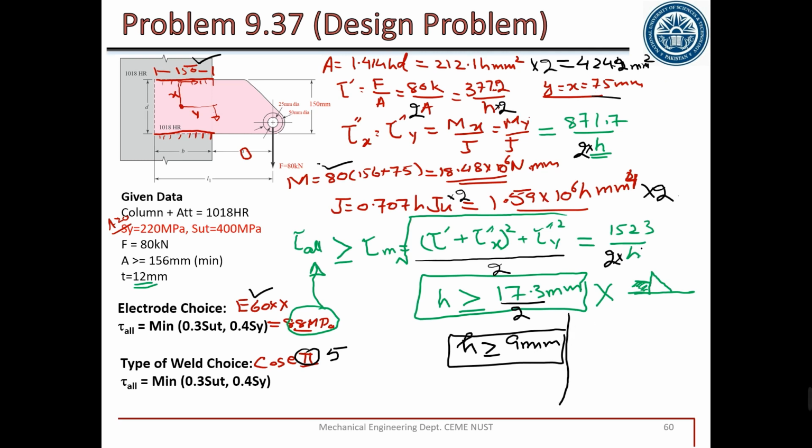So what is the final answer? What is the pattern? The pattern is an all-around square weld, because of this length and this height, so the final answer is that we will weld on the back side of this and the front side of this. Also the electrode, E60XX.